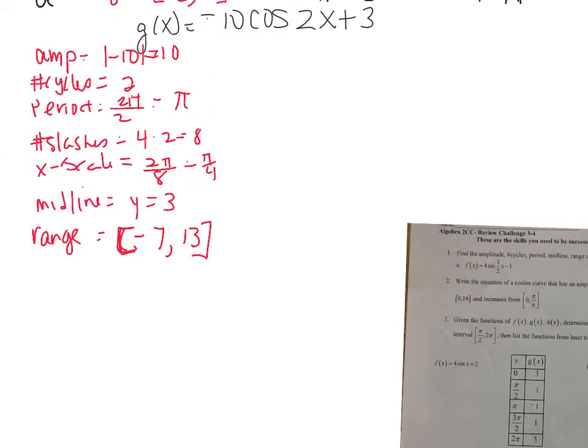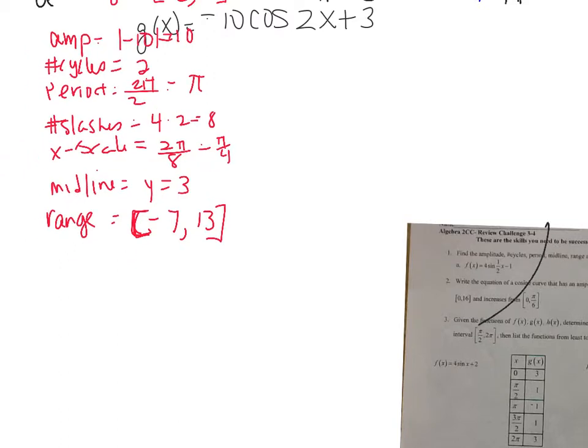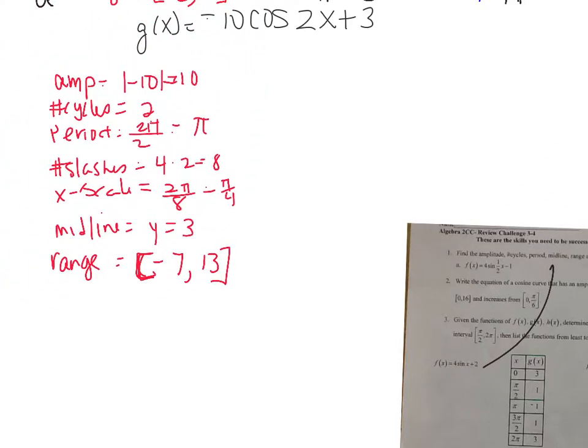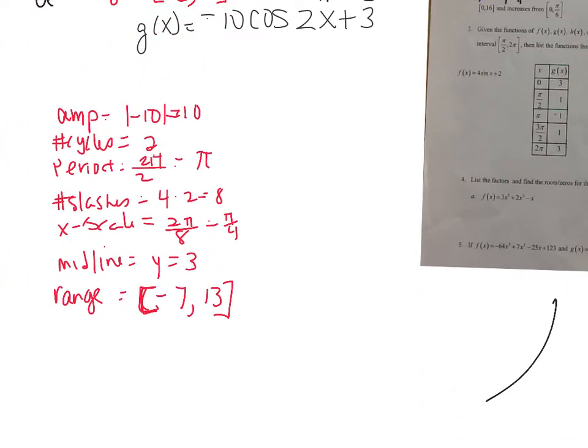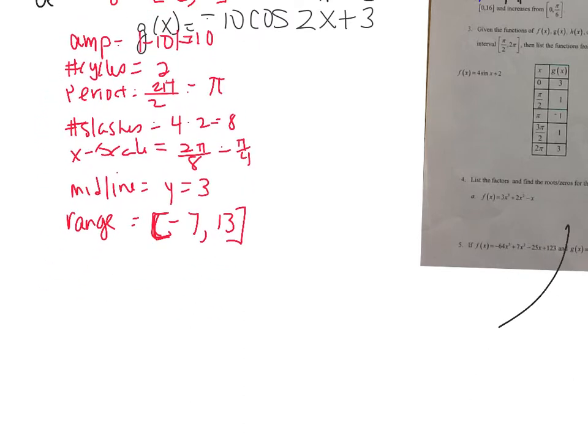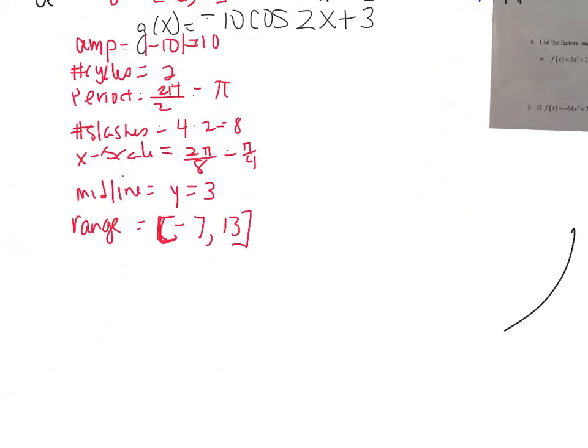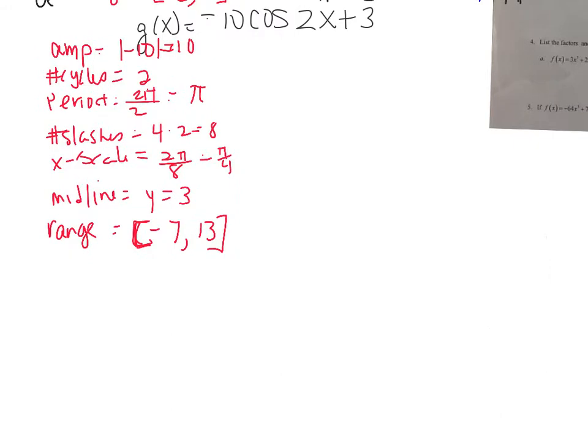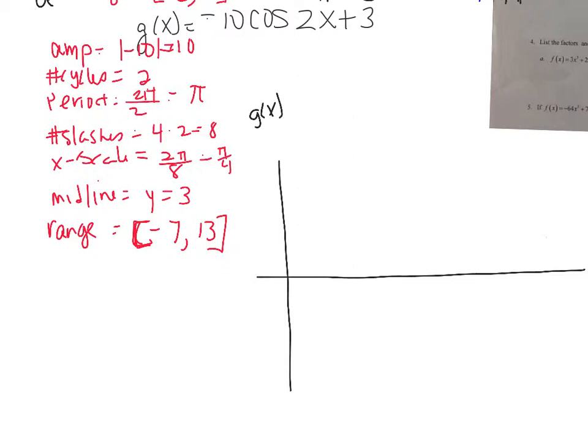All right, so now let's graph this. Okay, so let me draw my axes. Okay, so this is g of x, and we have x here. And my midline is at 3.